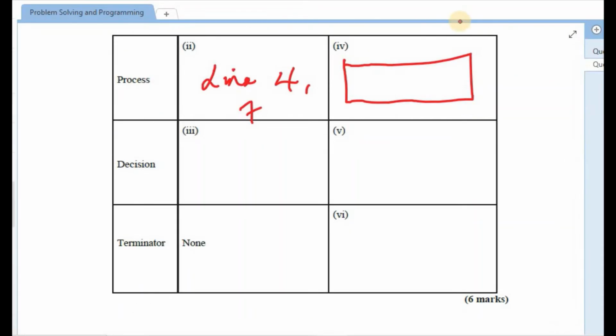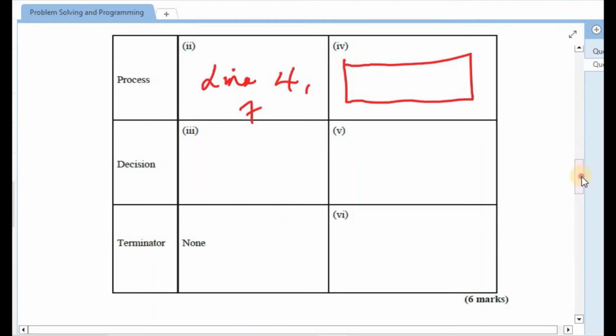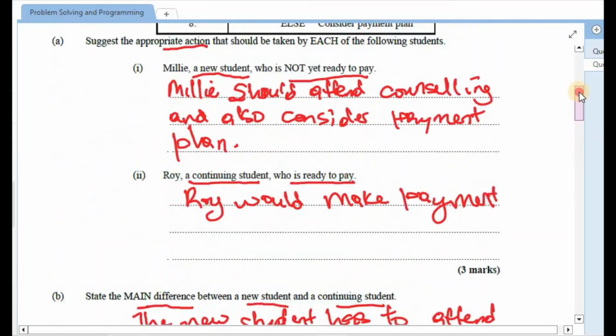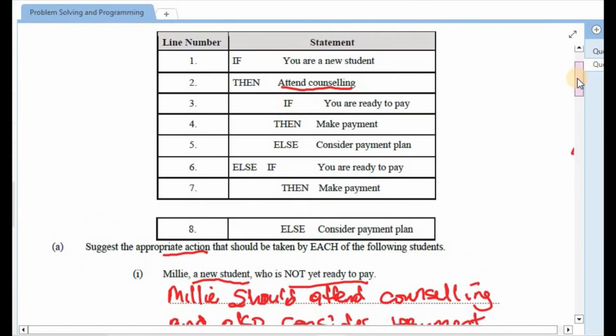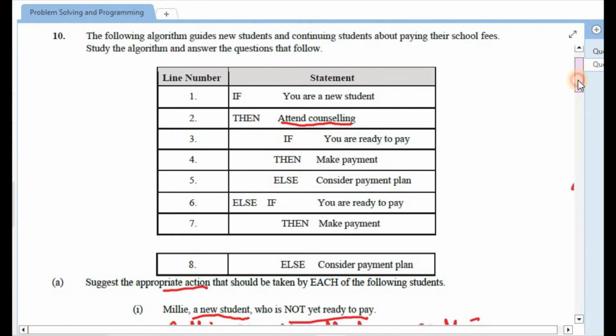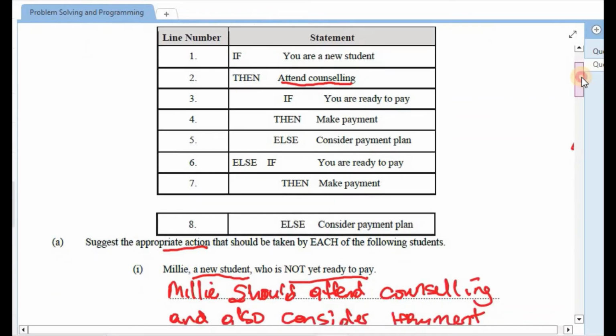All right, next one is a decision. So where did we have to make a decision to determine between 2 or more options? All right, so line 1, a decision would have been made there to decide whether or not the student was new. Line 3 was also a decision to determine if the student was ready to pay or not.